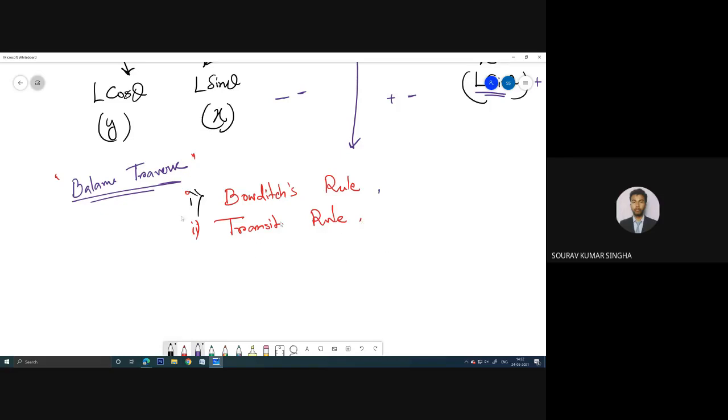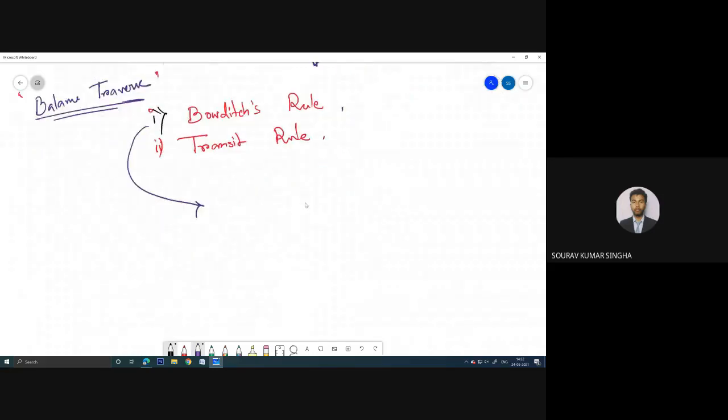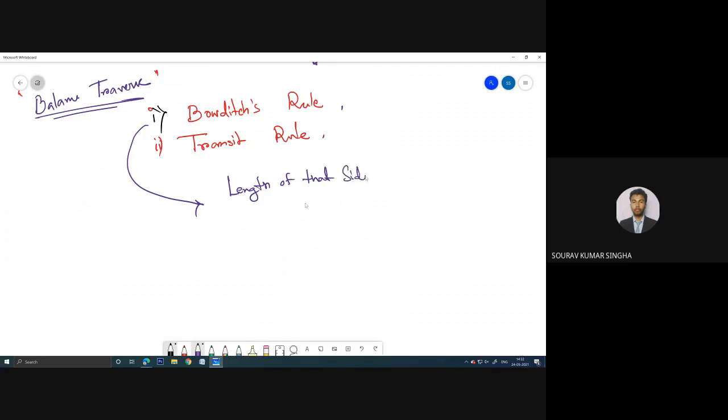Now as per Bowditch rule, the formula is the length of that side divided by the perimeter of the traverse, multiplied by the total error in latitude.